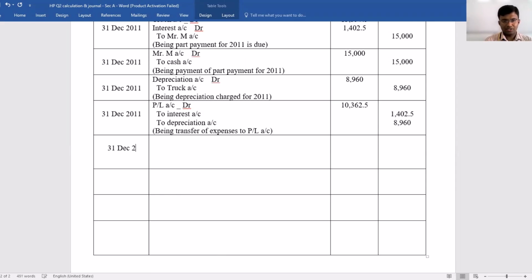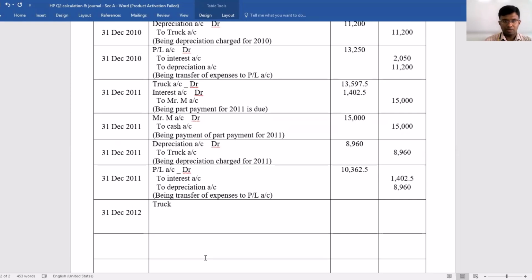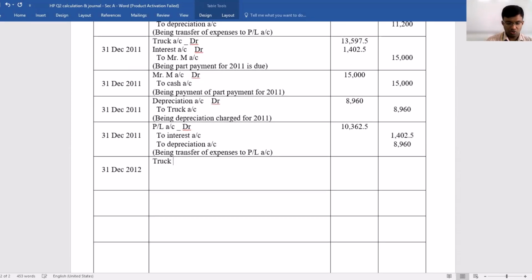Now the final entry would be for the last year, which is 31st December 2012. The very first entry would be for the part payment due, showing truck account debited, the amount is 14,452.5.